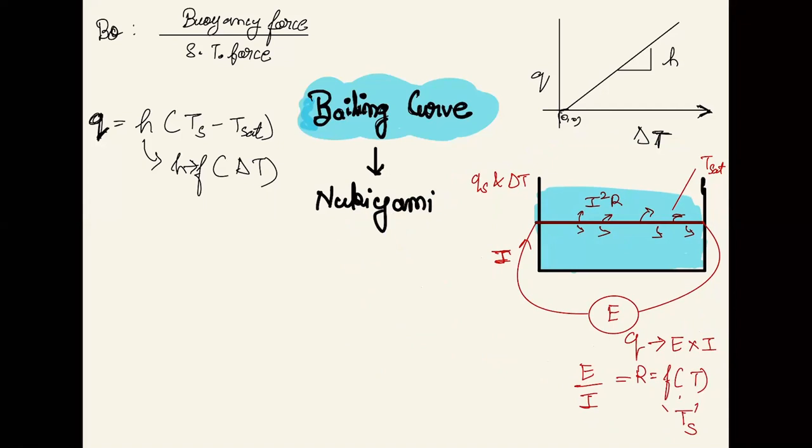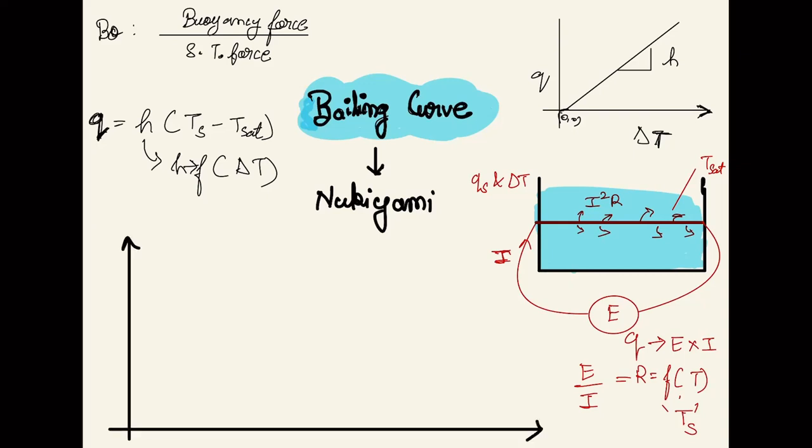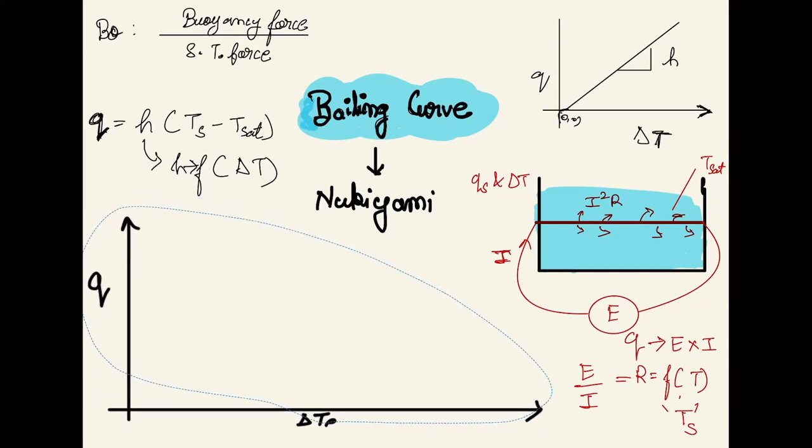Now, for this particular graph, on the y-axis we have Q, and on the x-axis we have delta T E, which is also called delta T excess, which is basically Ts minus Tsat.